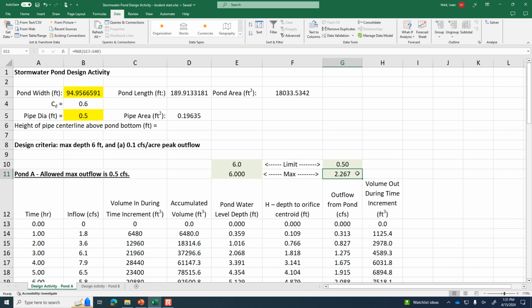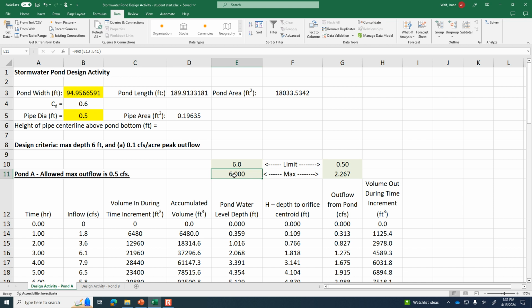Let's do another goal seek on the pipe diameter. But keep in mind, if we make the pipe diameter smaller, then water's going to be flowing out of the pond at a lower rate, and that's going to bring the water depth back up again. So once we optimize the pipe diameter, we're going to be violating the depth criteria.